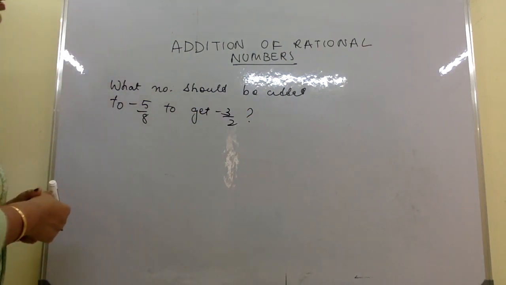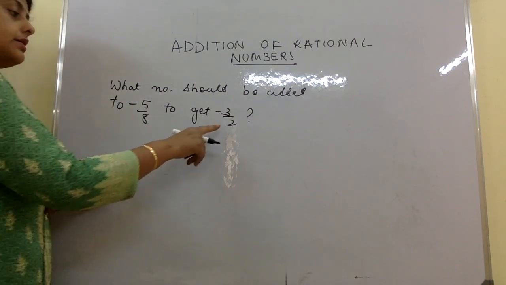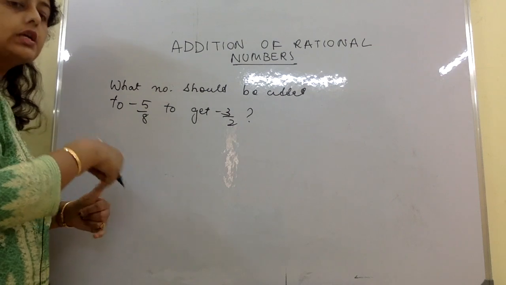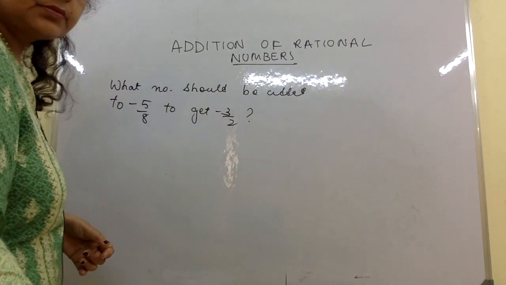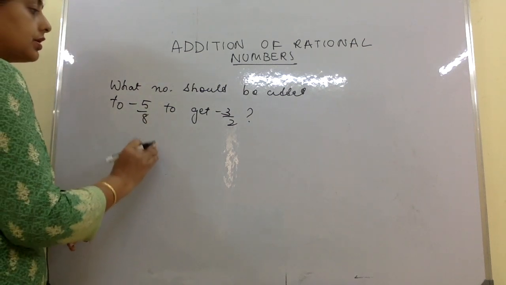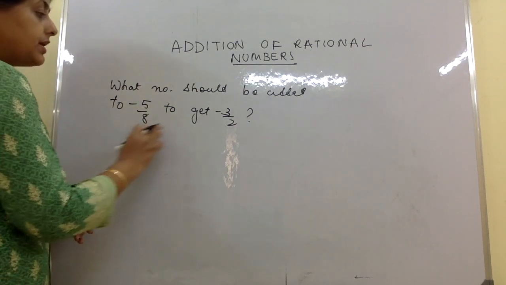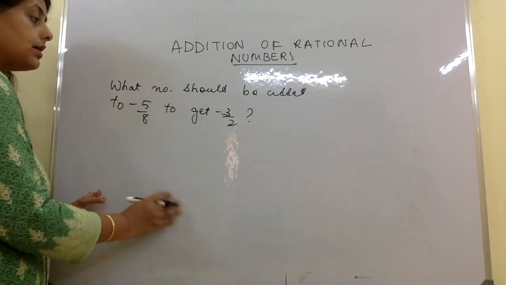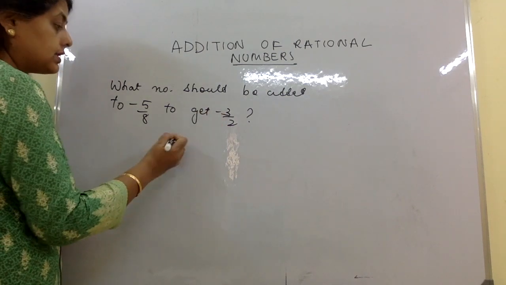Look at this now. It is the same question as I did previously with a slight difference in language. So what number should be added to minus 5 by 8 to get minus 3 by 2? Same thing, to get this means this is the sum.